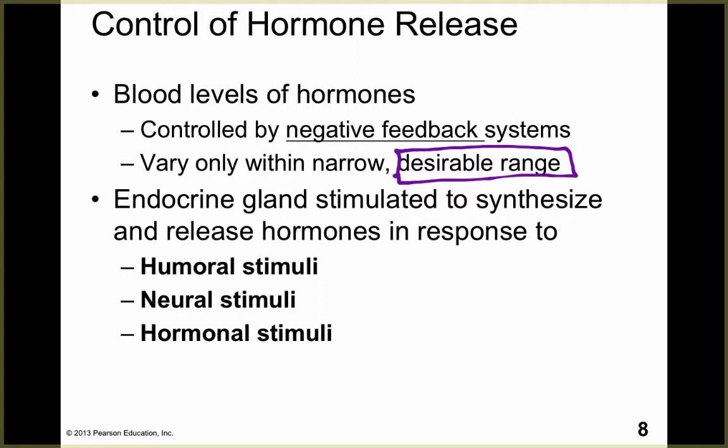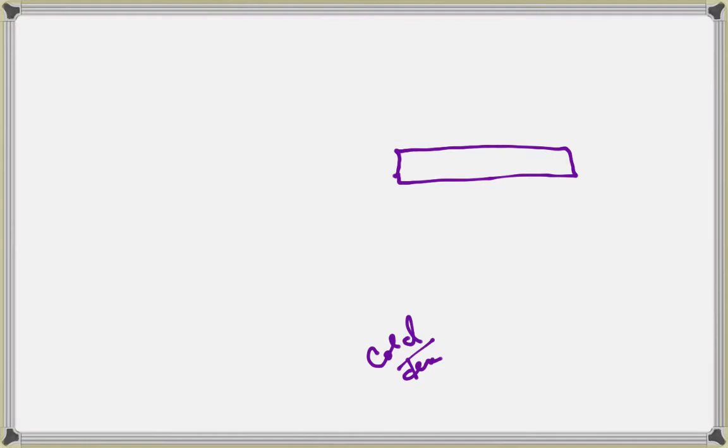So negative feedback, if you remember, is the idea that, for instance, we talked about it when we talked about temperature, right? Actually, let me do this. Let's talk about what negative feedback is in relationship to what we already know.